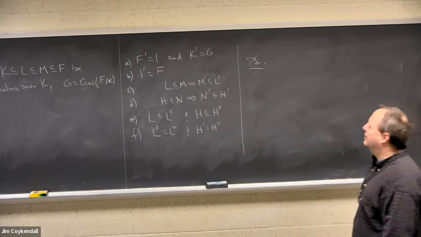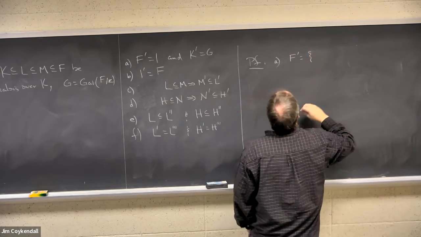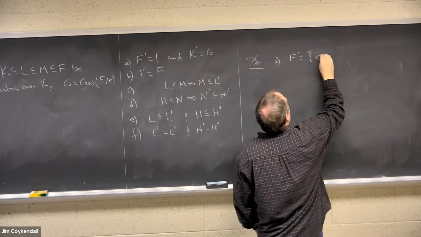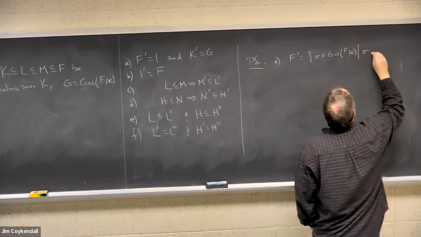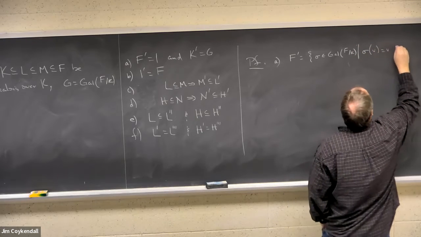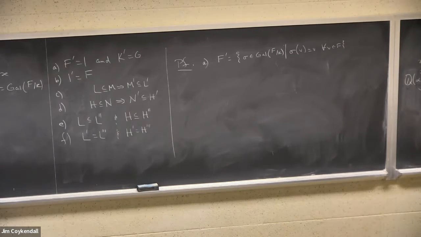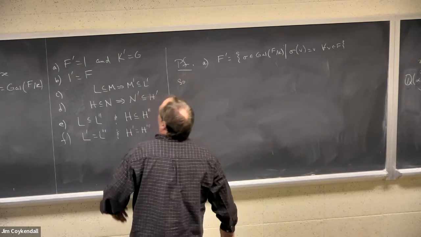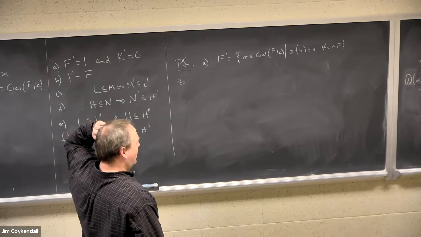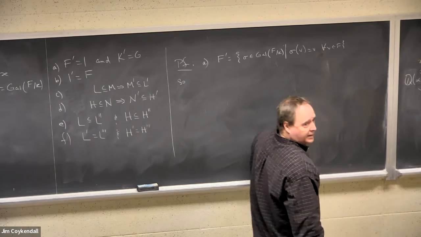Okay, so let's look at this. F prime is the set of sigma in the Galois group such that sigma V equals V for all V in F. So which elements of the Galois group fix everything in F, right?